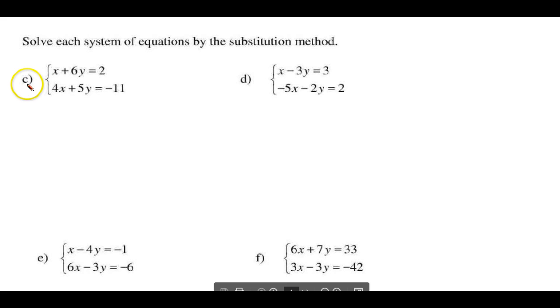Now in example C, we note that we don't have any of our equations solved for a particular letter like x. But we can. X equals, transpose the 6y. On this side it becomes a negative 6y plus 2.